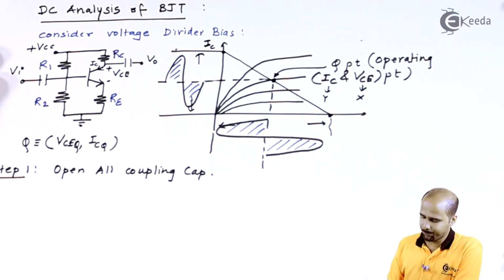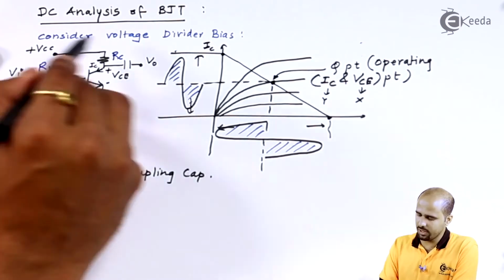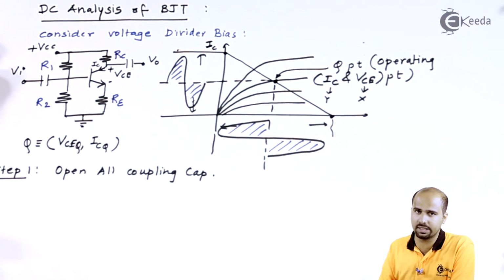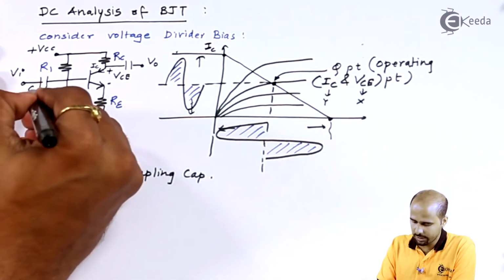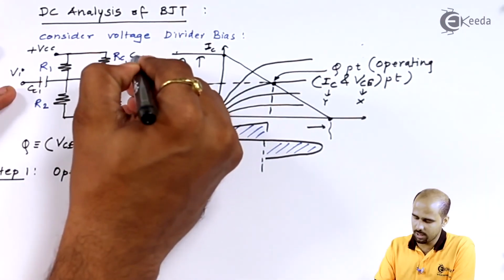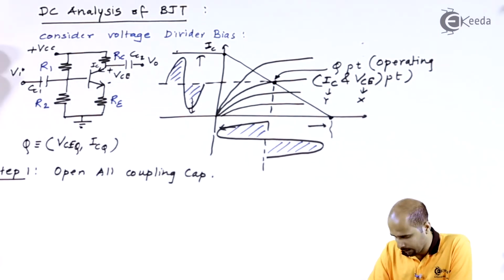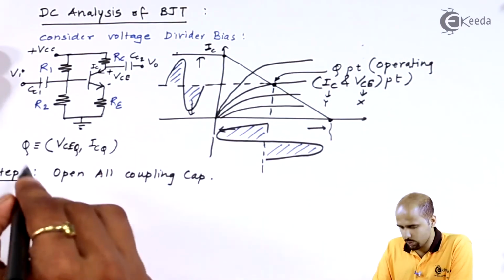Question arises why? Even if I have drawn VI and VO over here, for DC analysis we don't have to consider the coupling capacitors, which we name CC1 and CC2. We have to open CC1 and CC2 while dealing with the DC analysis. Why?